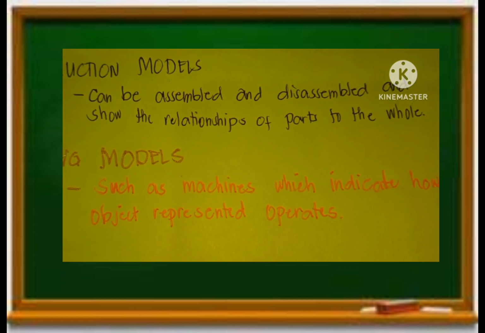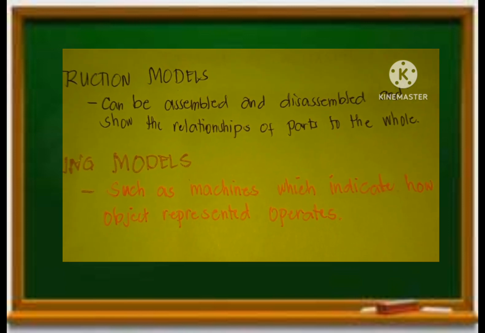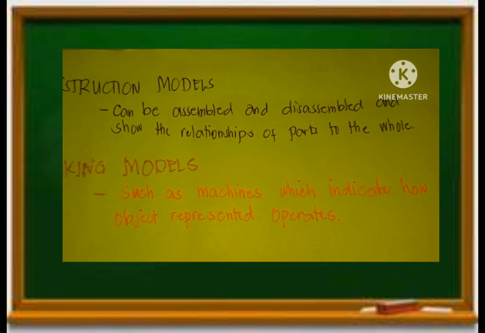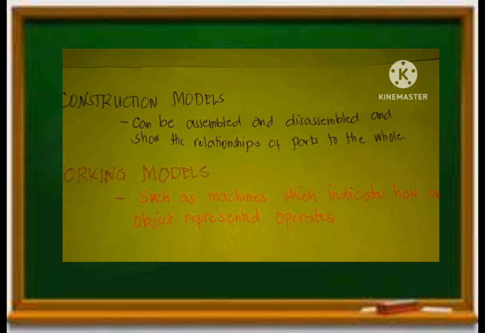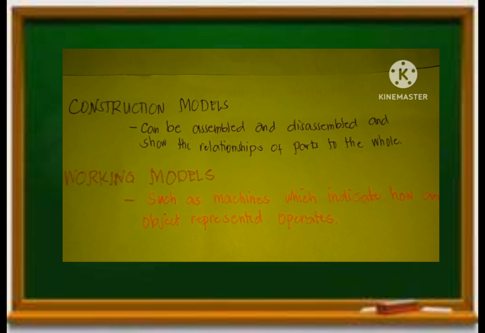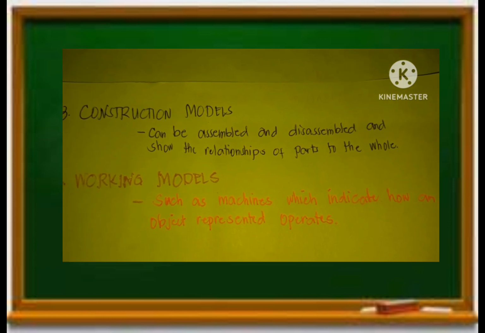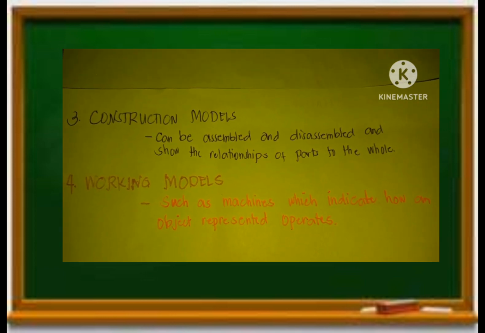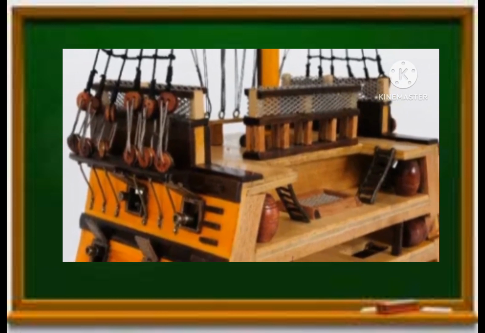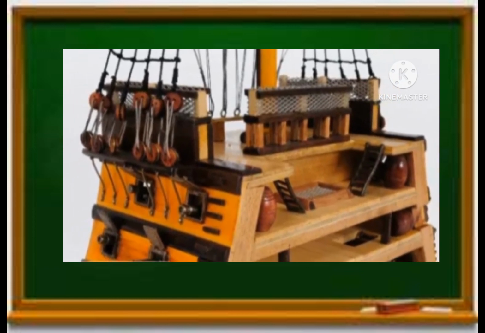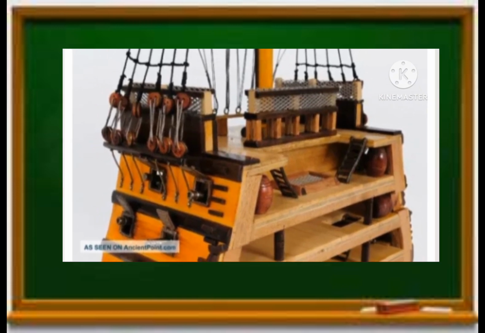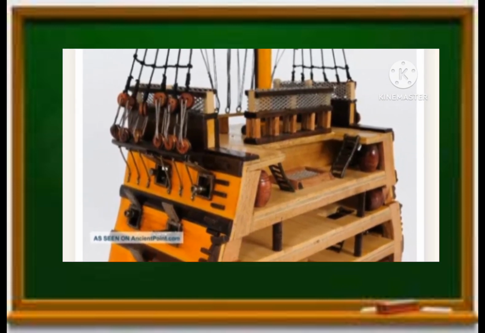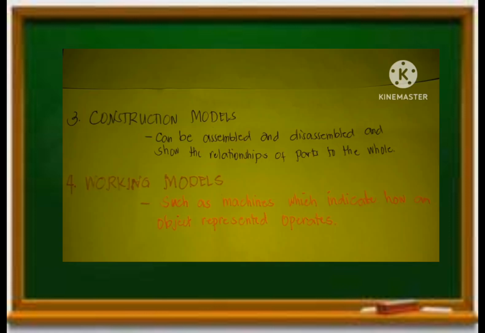And the third classification of models is the construction models. They can be assembled and disassembled and show the relationships of parts to the whole. So, an example of this is the tall ship model, which you can disassemble and also assemble again. This tall ship model is made of wood.